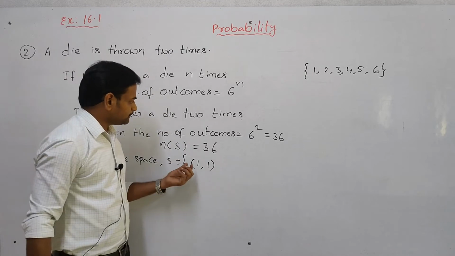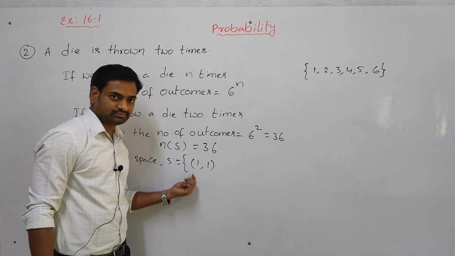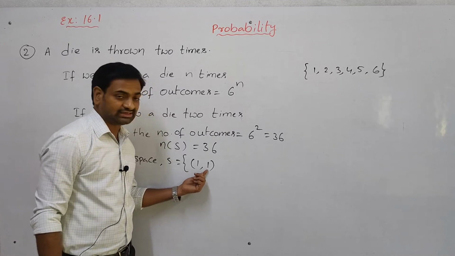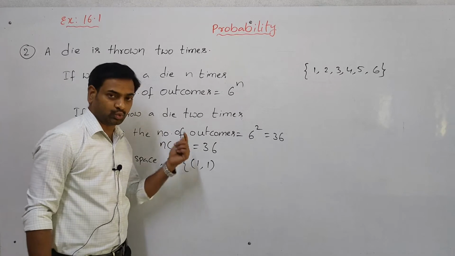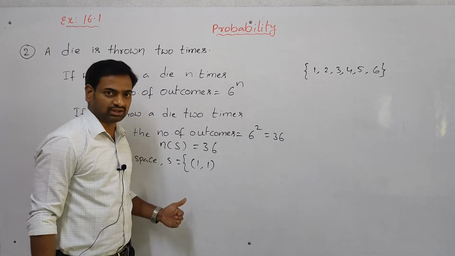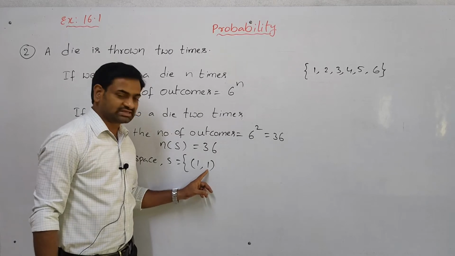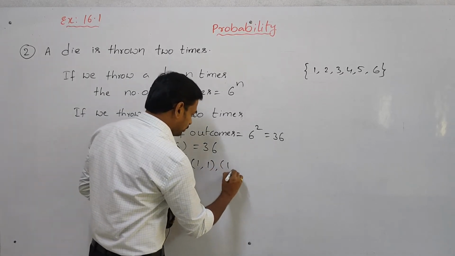So what is the meaning? Throwing the die the first time you got 1. You can take any number, but I took 1 at the start. Throwing the second time you also got 1. Then 1 comma 2.